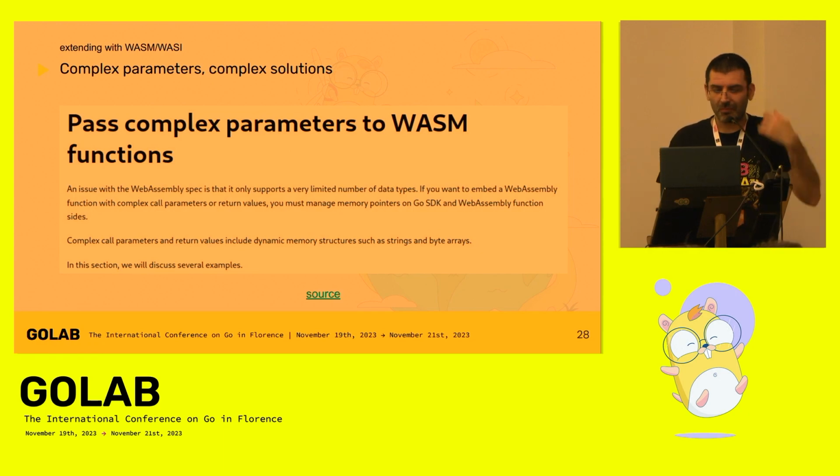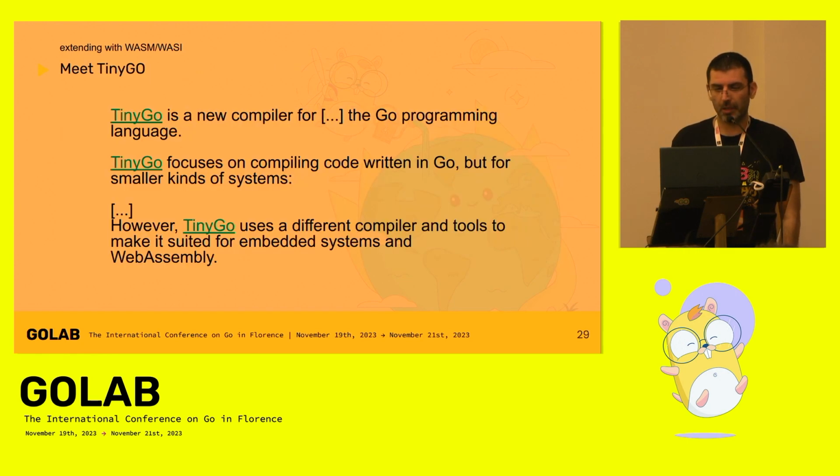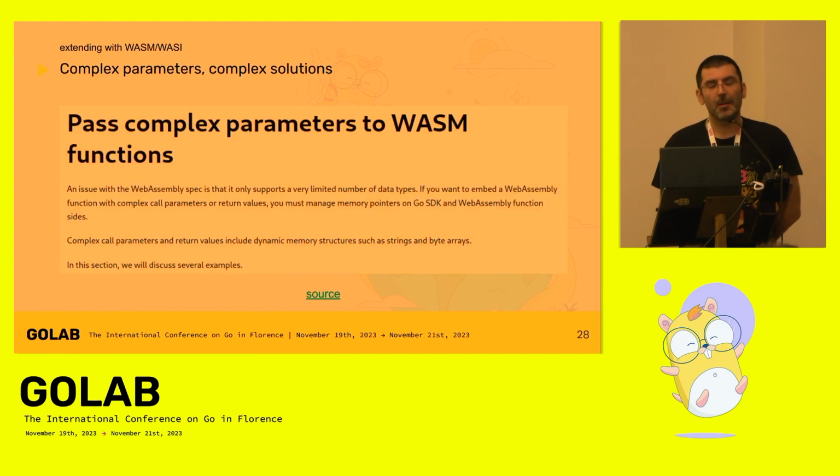So how do you do that? Turns out the way to do that is to use the memory of the modules and use those binary values, those numerical values, as pointers to pass them back and forth from the host application to the guest application.